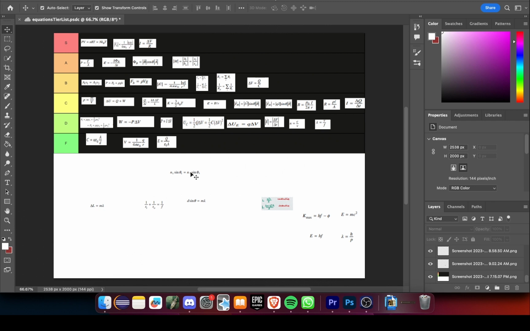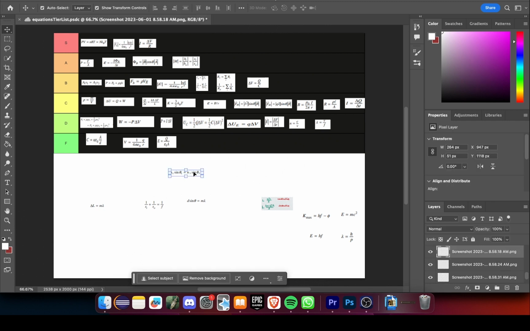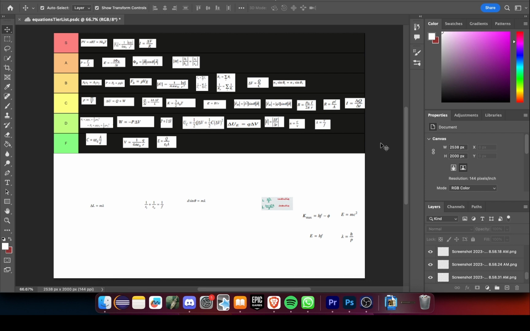I'm feeling a B tier on this one. A B tier, yeah. It's a solid, nice equation. I'm not going to complain about using it, but I'm not going to say, oh, this is a fun question. Yeah. It does get you through a lot of multiple choice questions, though.